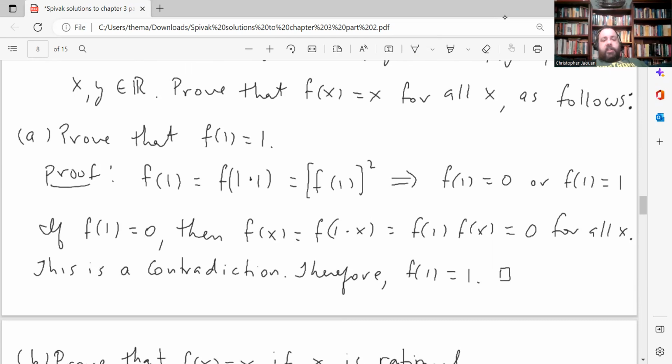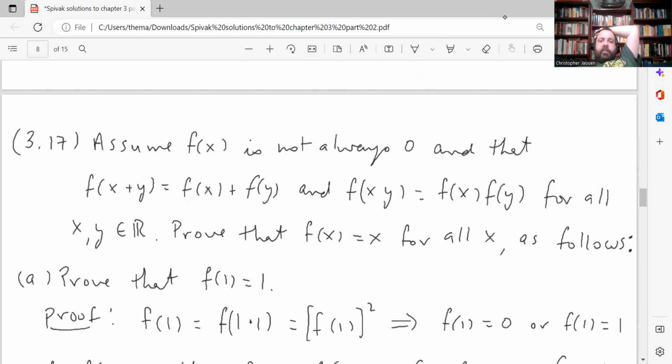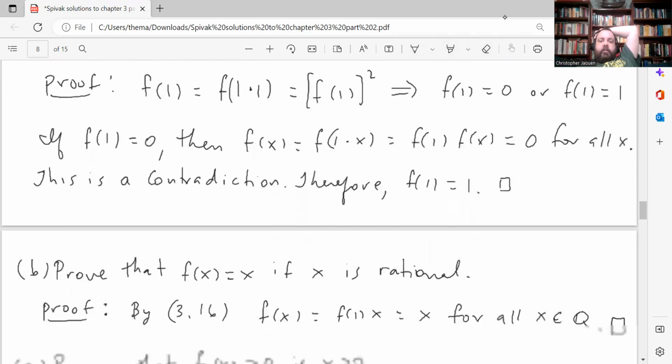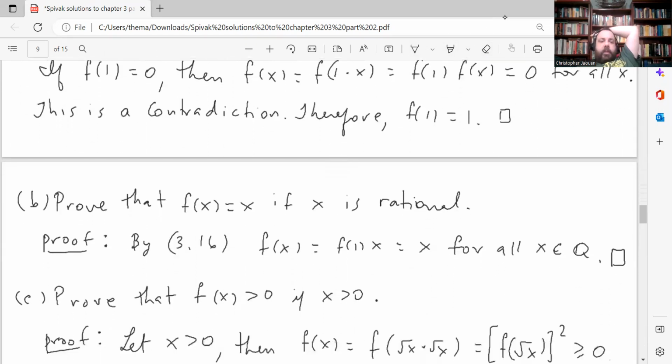However, if f of 1 is 0, then f of x is f of 1 times x, which is the same thing as f of 1 times f of x, and since f of 1 is 0, that would mean that the function is 0 for all x, but that's a contradiction. Therefore, f of 1 is 1, because the assumption was that f of x is not always 0. So that means that f of 1 has to be 1, because that's the only other option.